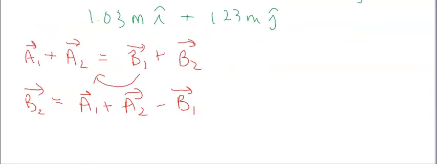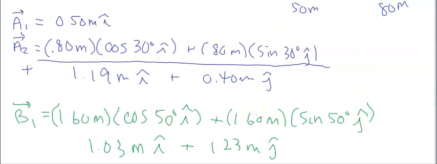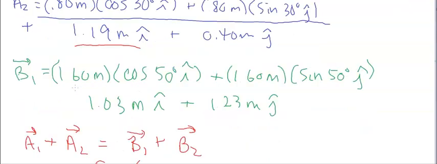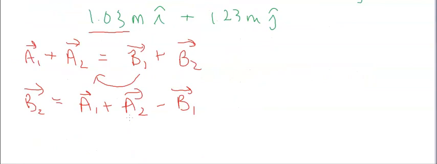We already added A1 and A2, so that's right here. If we take that and subtract B1, we'll get B2's i component, which is 0.16 meters i hat.